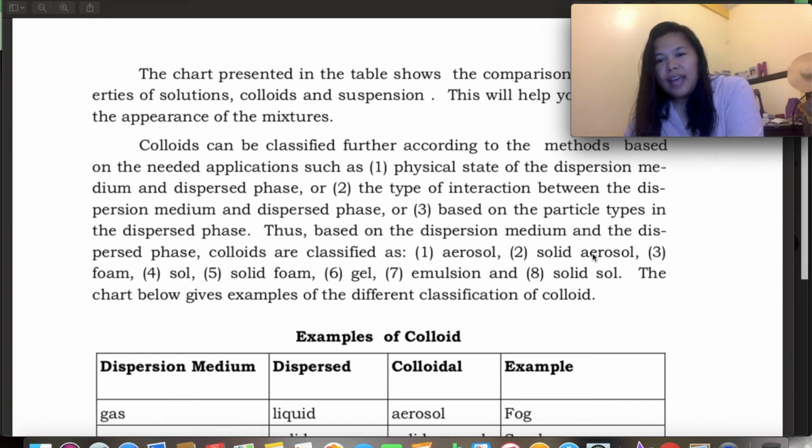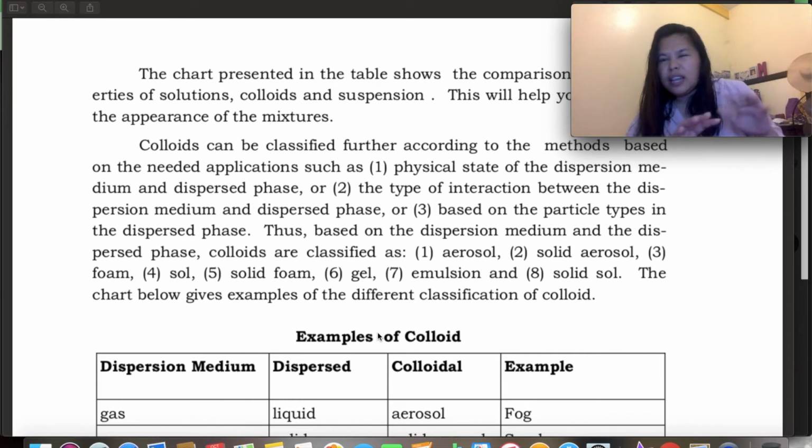Solid aerosol, because aerosol is gas, there is also solid. Foam, like whipped cream, which we find at Starbucks, in milk tea, things like that. Solid foam, gel, and gel is gelatin and the like. Emulsion, like medicines. And then solid sol. So the chart below gives examples of the different classifications of colloids.